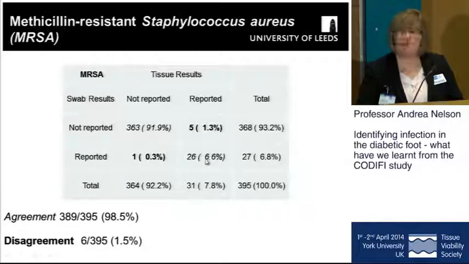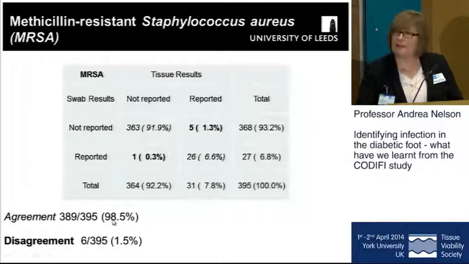So the swab found it and the tissue sample found it in these 26. So when you want to summarise the agreement between swabs and tissue samples for MRSA, you add this 91.9% to the 6.6%. And again, I chose this because I could do the maths.